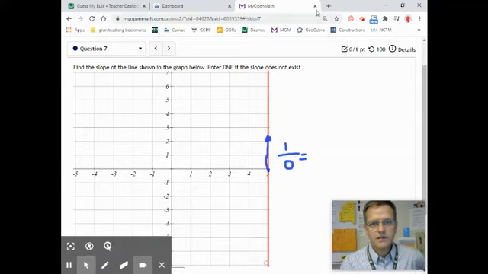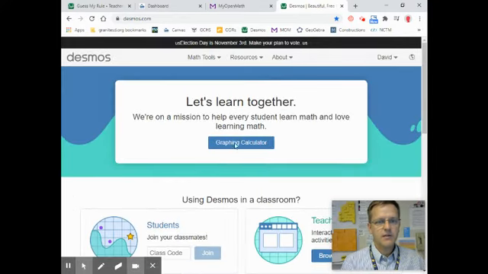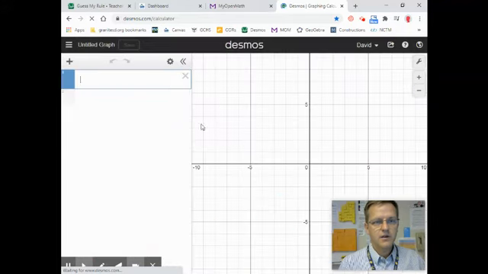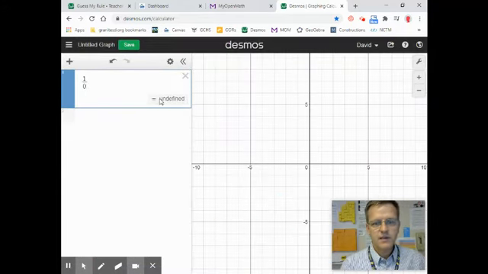Here, let's open up a calculator real quick. And I'm going to use Desmos.com because that's my favorite. And if we said, what is 1 divided by 0? It says undefined. Undefined. That means there's no answer.